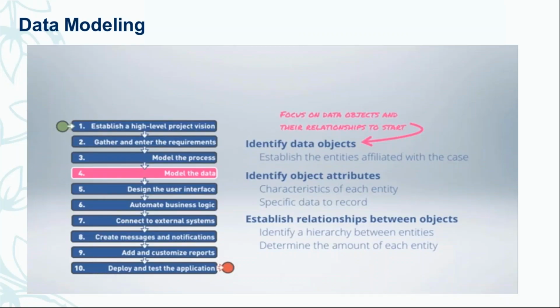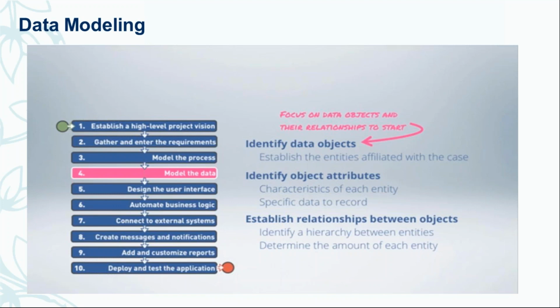So if you can see, the data model comes after the process, and there we need to identify the different data objects we are associated with. In our case we have the employee, so we need all the details about the employee, and we need the case-related data: what is the type of request, the time of request, when it is going to apply, when it is going to start. All those fields we need to identify, and then what attributes are required for that entity or data object.